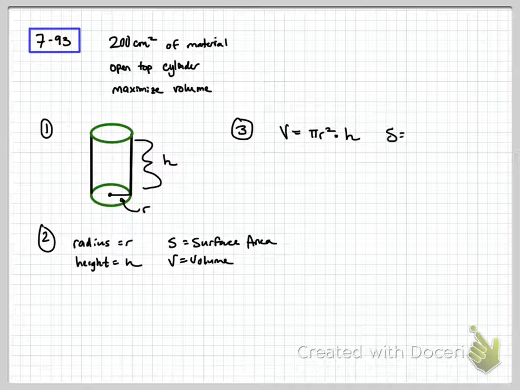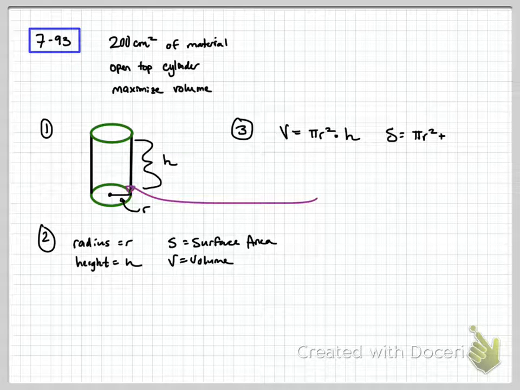Our surface area is a bit trickier. If we look at the surface area of a cylinder, we first have to think about the area of the bottom piece, which is the circle itself, which is pi r squared. And then we have to add the shape that goes around the cylinder, which actually is a rectangle.